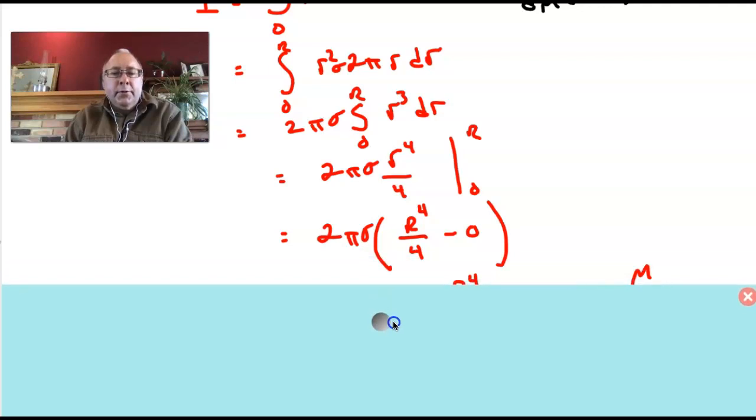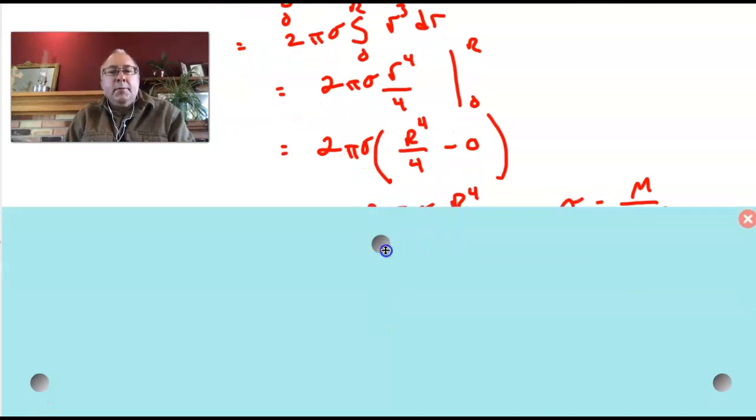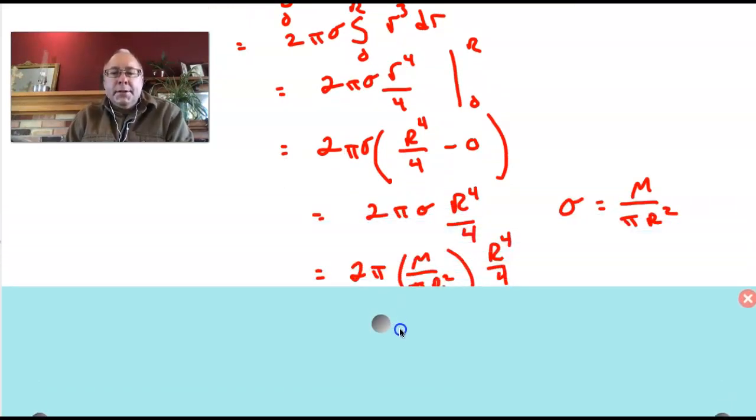This is stuff you would have learned right away in your first semester calc class. So from 0 to R, we can evaluate that as it's just going to be R to the 4th over 4. And that doesn't look like our moments of inertia terms in our table yet, but remember that we've defined the sigma.